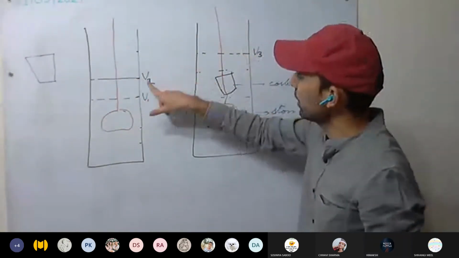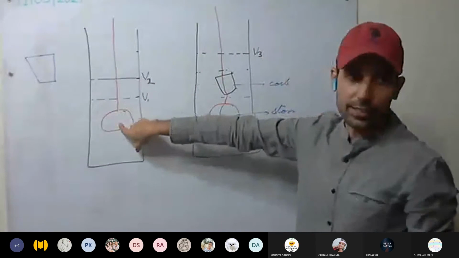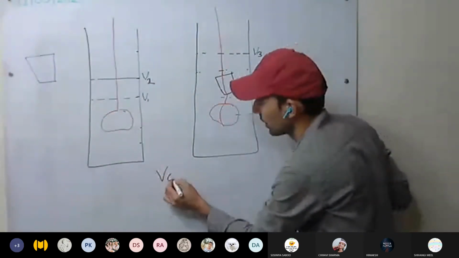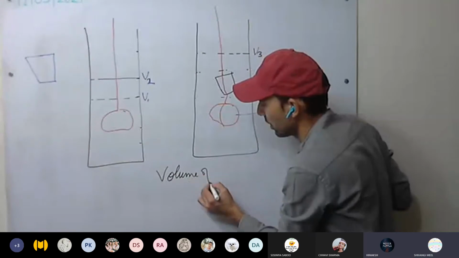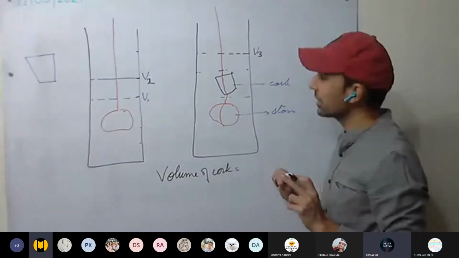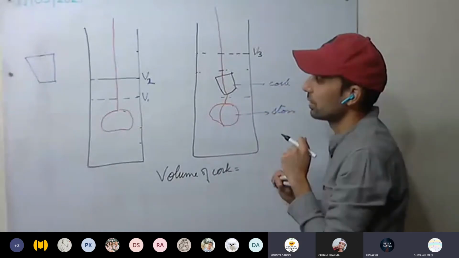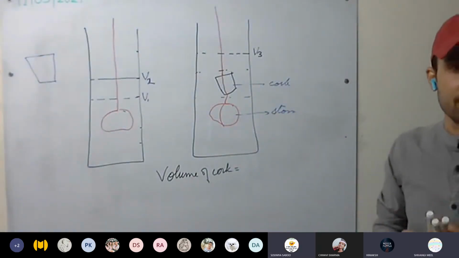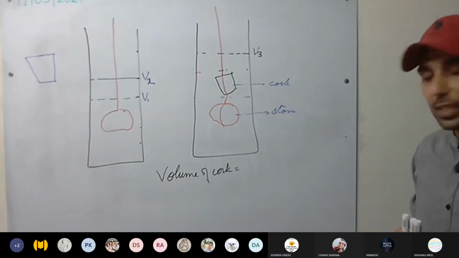V3 when both are there, V2 when only the stone is inside. So the volume of the cork will be V3 minus V2.